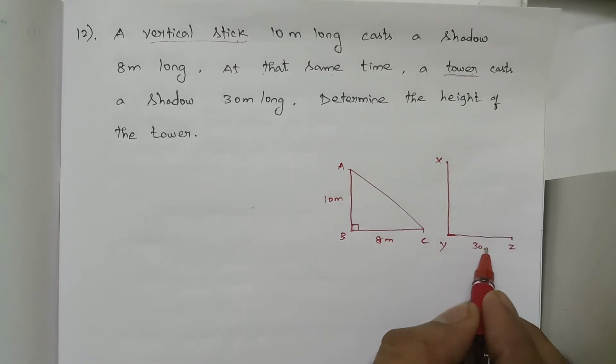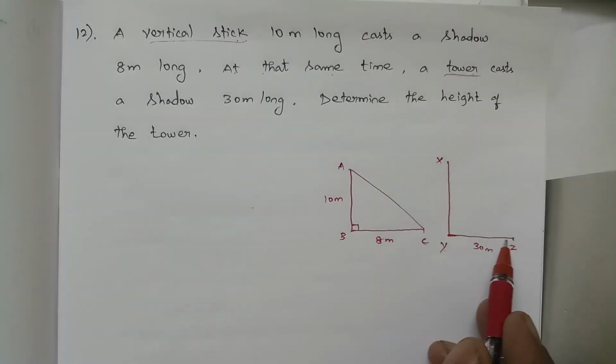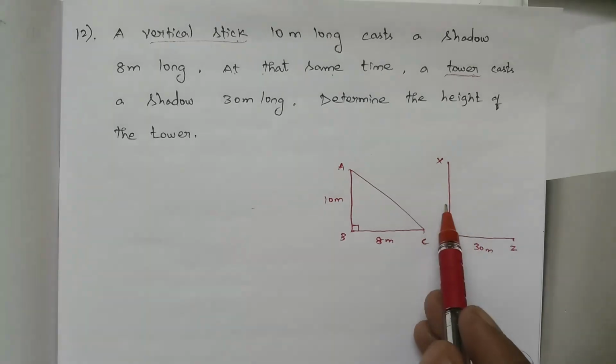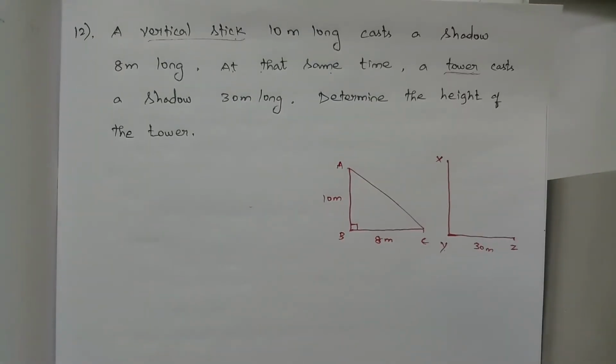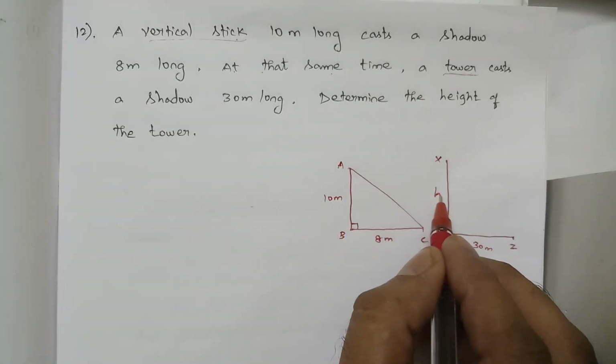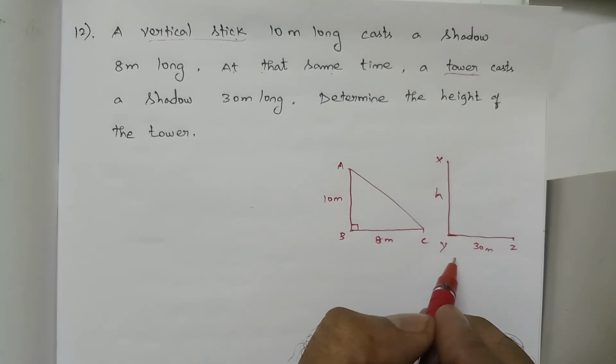XY is the height of the tower, and YZ is the length of the tower's shadow. Now what do we want to find? We want to find the height of the tower, that is, the length of XY.